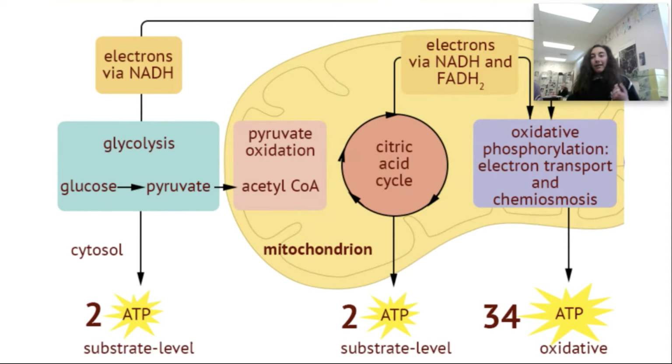So there are several stages of cellular respiration, and today we're just covering one of them. To start off the process is glycolysis, then pyruvate oxidation within the mitochondria, the citric acid cycle, also known as the Krebs cycle, and here we are at the electron transport chain and chemoosmosis, which for our purposes we are condensing to one.